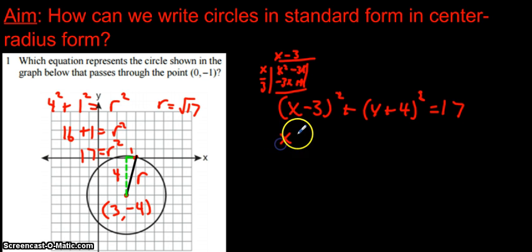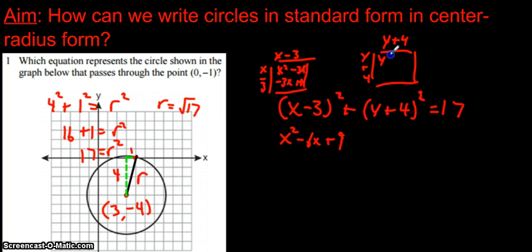So that's x squared minus 6x plus 9. And we can do the same thing for y plus 4 squared. That's y plus 4 and y plus 4. So that's y squared plus 4y plus 4y plus 16. So that is y squared plus 8y plus 16 equals 17.